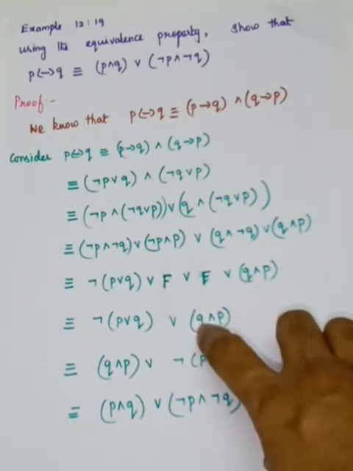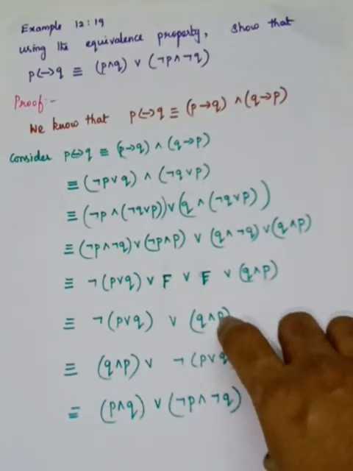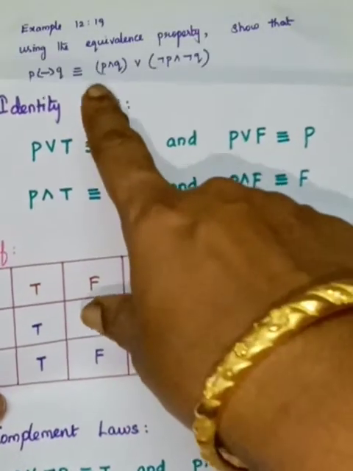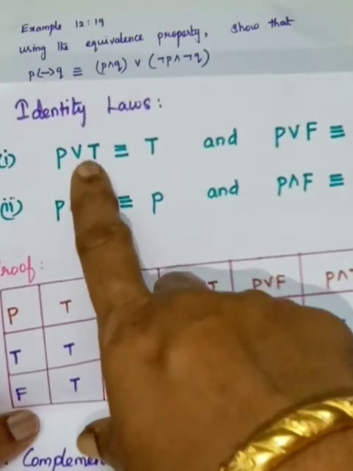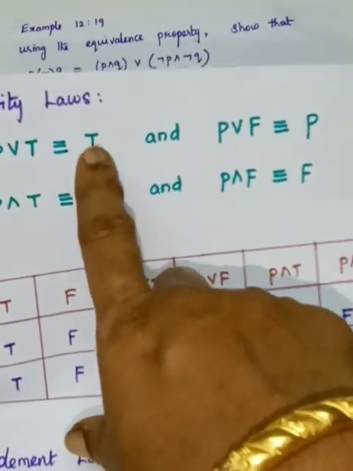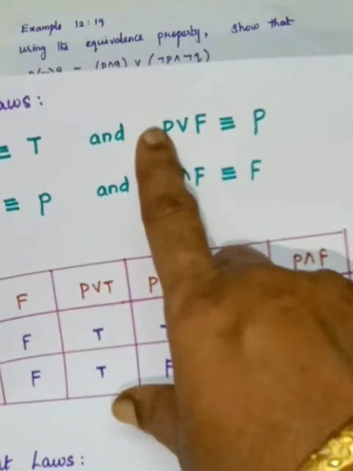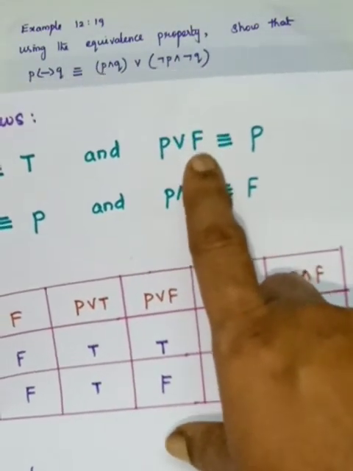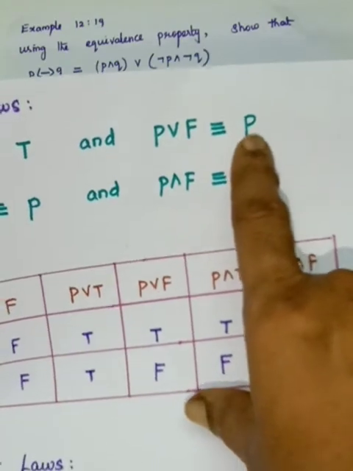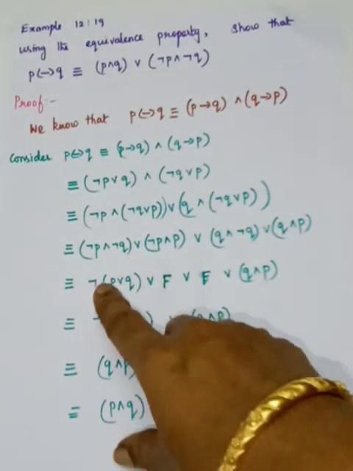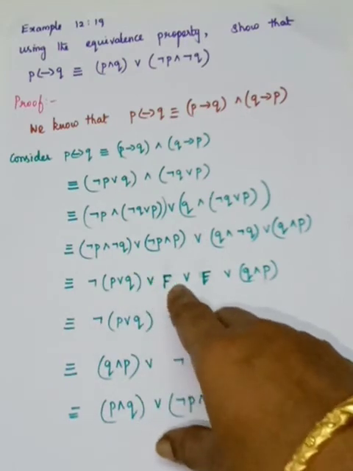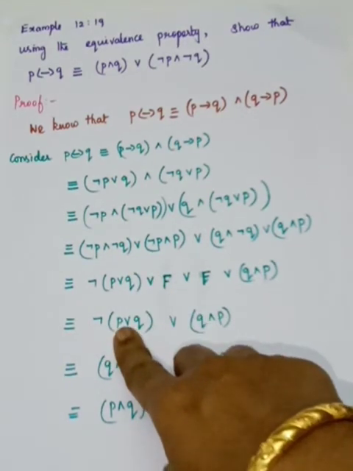So here you have to come Q and P. You look at this. So which law? Identity law. The statement, that is P or T comes, you have to write T. But the statement or F comes, you have to write the statement. So here this is the statement, compound statement. Or F means the answer is the statement.